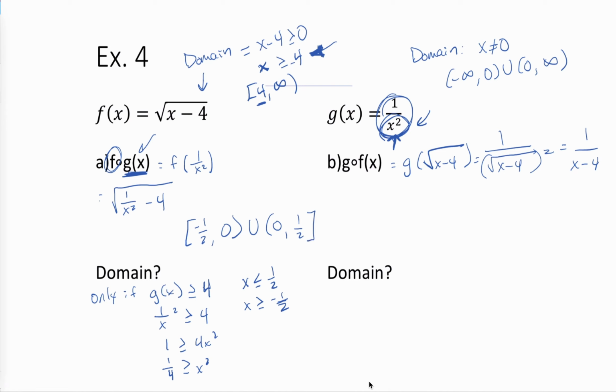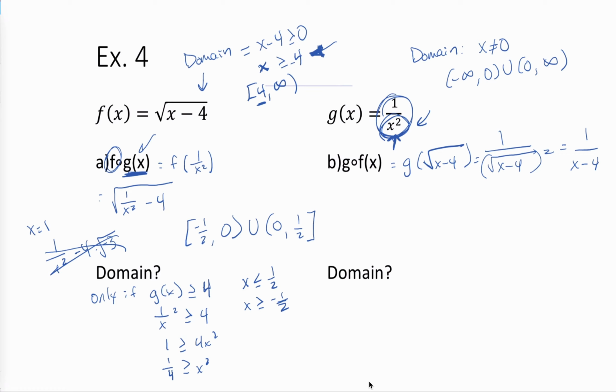Anything bigger than 1/2, if you put it in for x, is going to give you a square root of a negative, right? Try it. Try x equals 1. 1 over 1 squared minus 4 is -3, and you can't take the square root of a negative. So this is the domain you get.